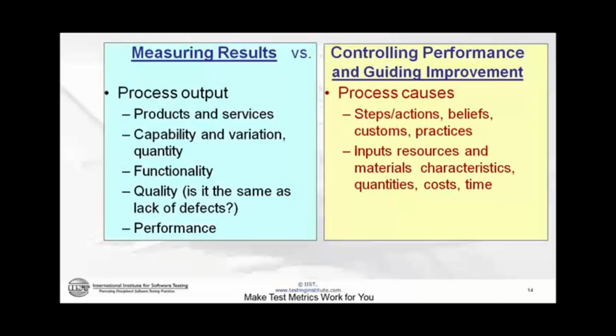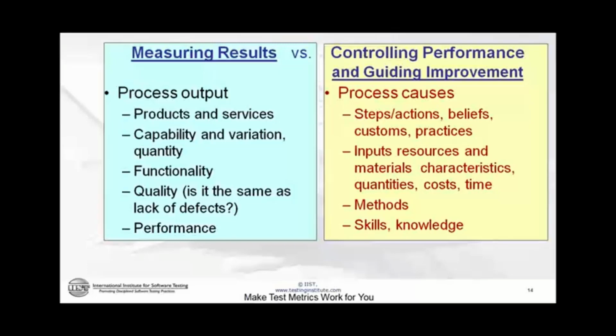We need to understand what are the resources and materials and characteristics and quantities and costs and time and so forth that go into those causes of our process. What are the methods that are being used? And what about the skills and knowledge? So maybe we need to replace. Maybe we've got a running back who's not able to get through the hole in the line fast enough before the defenders close it up.